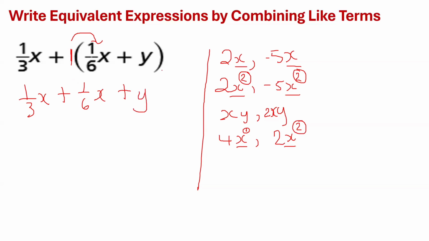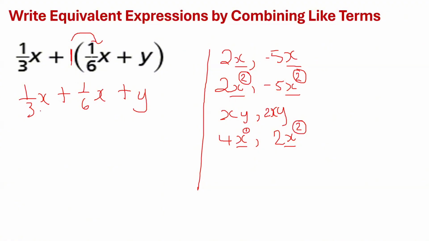Now that I have gotten rid of the parentheses, I am going to combine my like terms. Combining means you're making those terms into one term, all right? In combining like terms, all you need to do is add. If you have a subtraction sign there, you will subtract, but in this question, we have an addition symbol. So we are going to add 1/3.